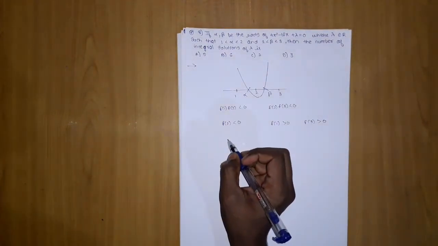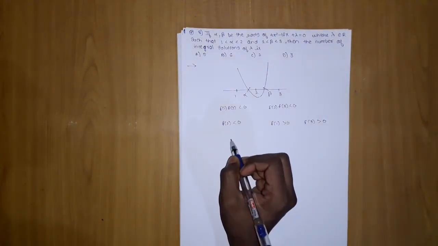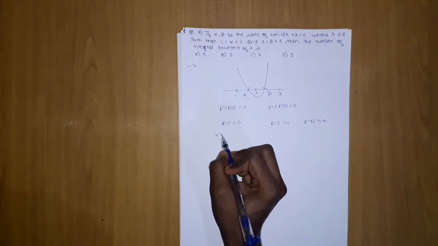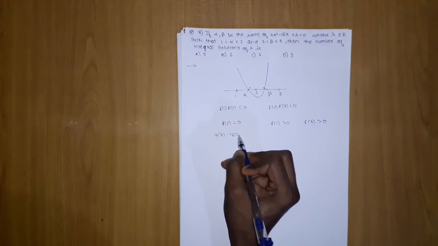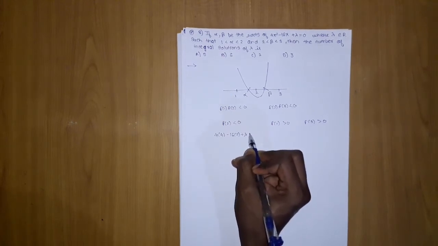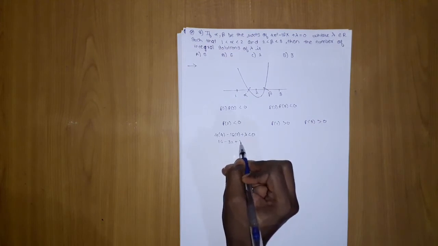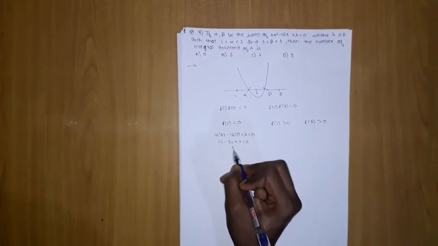So we do the first condition, f of 2 less than 0. We apply 4 into 4 minus 6 into 2 plus lambda less than 0. It is 16 minus 12 plus lambda, so lambda less than 0.